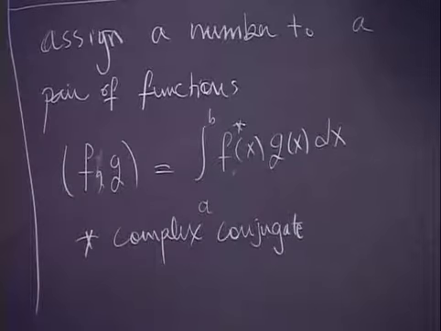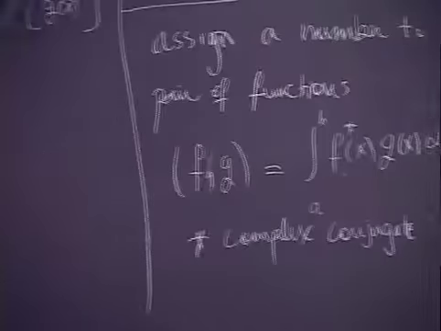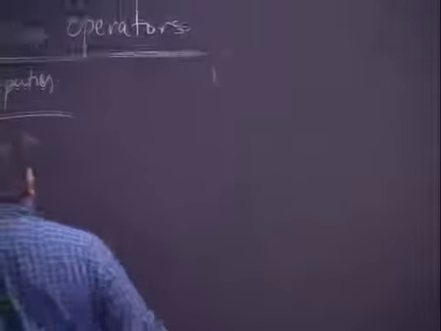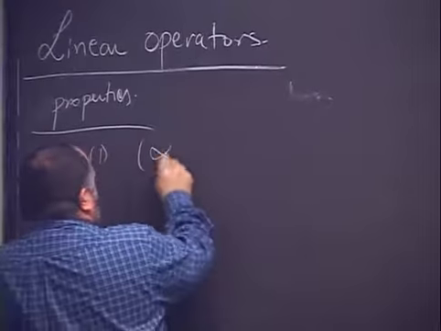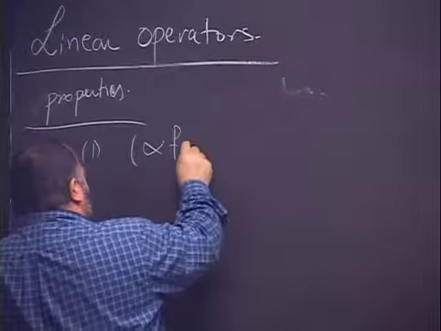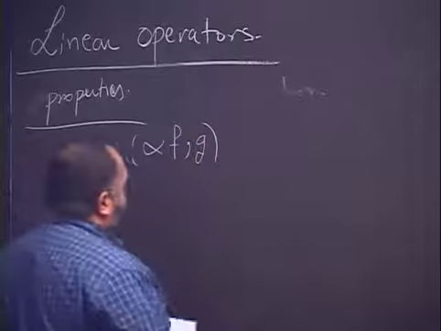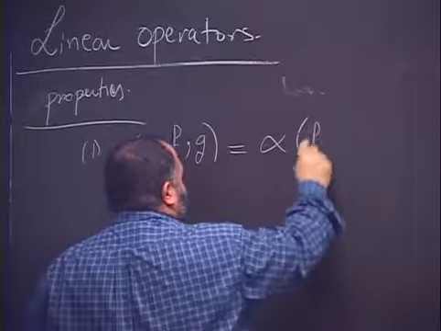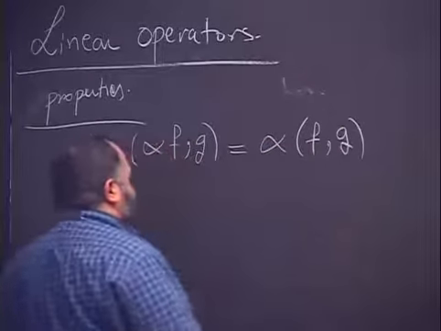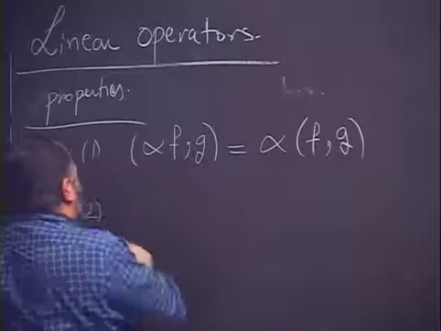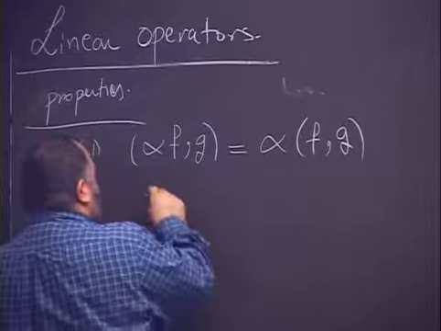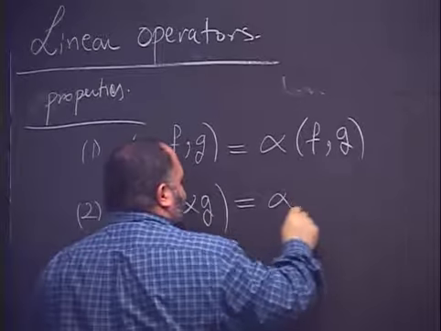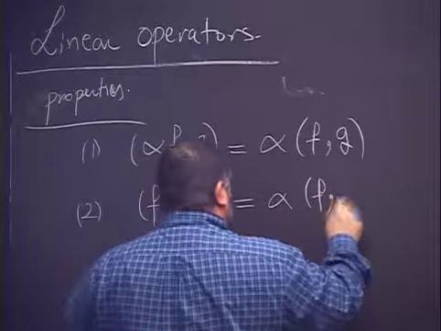Again, the properties of this continuous operator and the inner product are the same as the properties we discussed before in linear algebra and linear vector spaces. If you have some constant alpha multiplied by the function f, inner product with the function g, it will be alpha multiplied by the inner product of f and g. The second property is if you have f inner product with alpha g, where alpha is a constant, it will again be alpha multiplied by f and g.